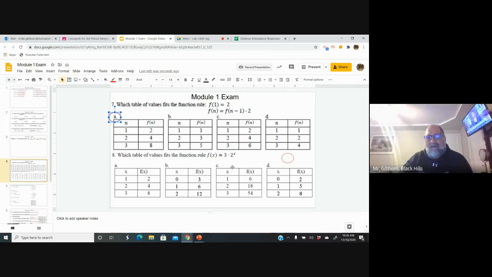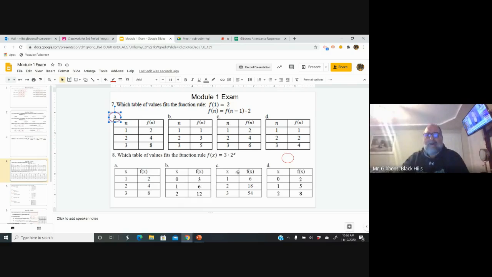So now, when I just have a number to the x power in an exponential, that tells me that my first x in my table has to be a 0. Now, if that were x minus 1 up there, my first x could be a 1, but it's just an x. So my first x in the table has to be a 0. So I already know the answer is either B or D.